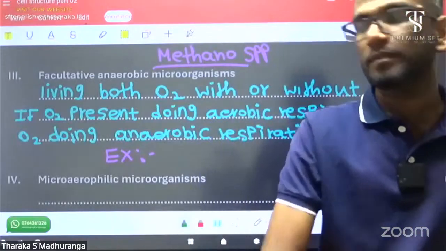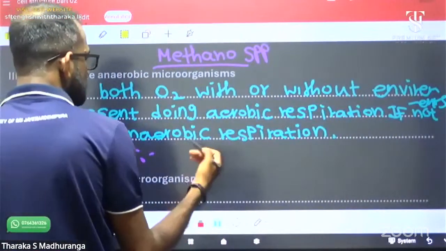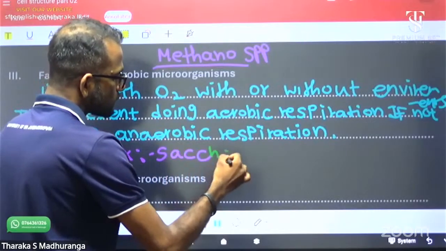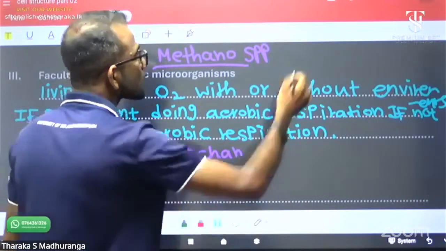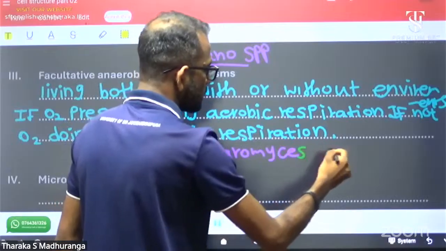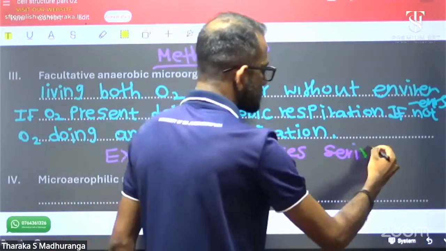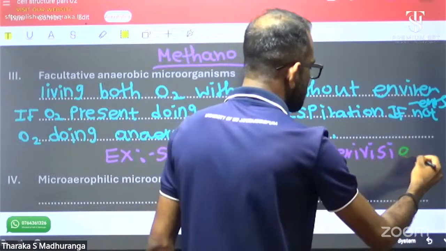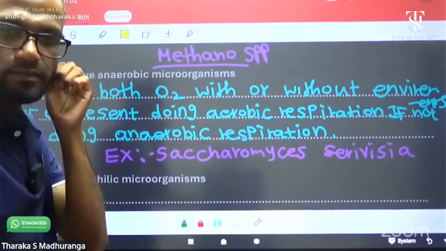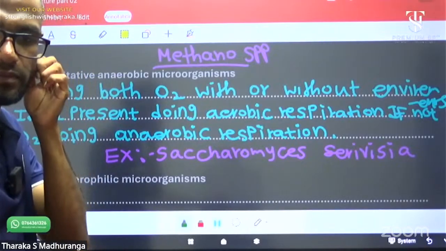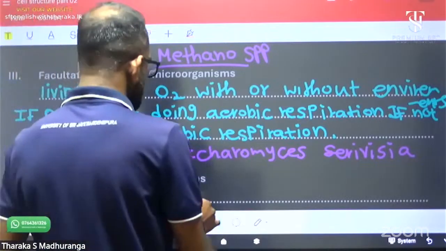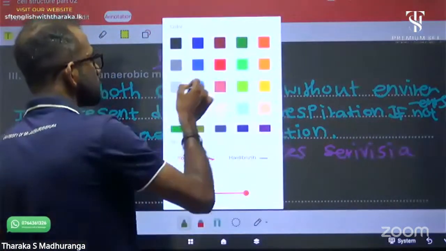Yeast is a fungus. Its scientific name is Saccharomyces cerevisiae. Saccharomyces cerevisiae is a facultative anaerobic one.